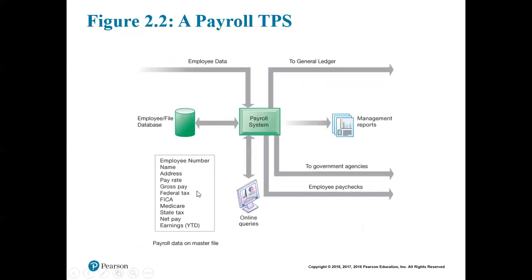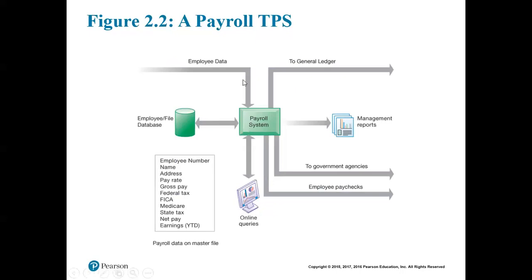All these things within the big rectangle: employee number, name, address, pay rate, those are all examples of attributes. So an entity is a noun, an attribute's an adjective. And the flow of data from system to database and back, that's called a relationship, and that's a verb.